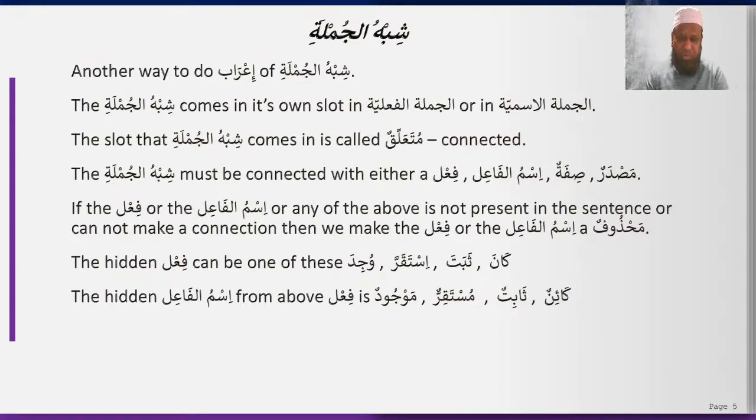You will find in many of the books, the hidden fail is either istaqarra, or sometimes you will find kana, and sometimes you'll find thabata. So from these, ismul fa'il is ka'inun, thabitun, and mustaqirrun. And now and then you'll find mawjudun as well.